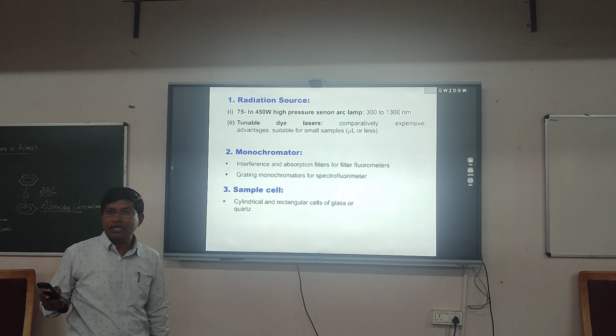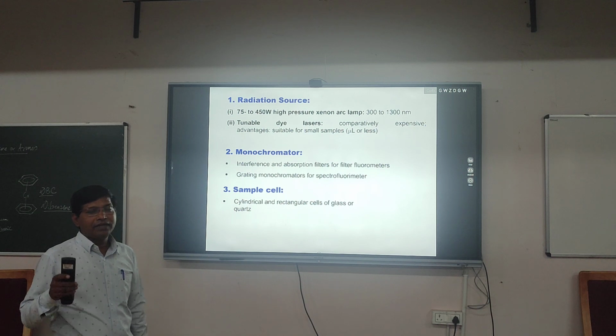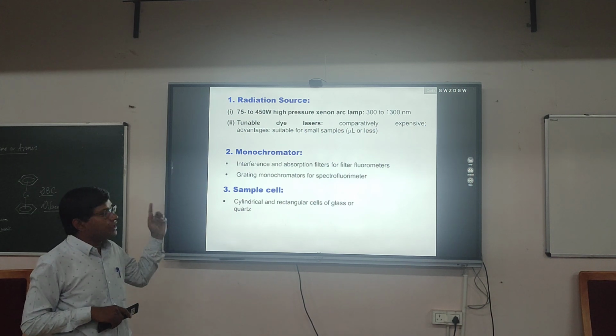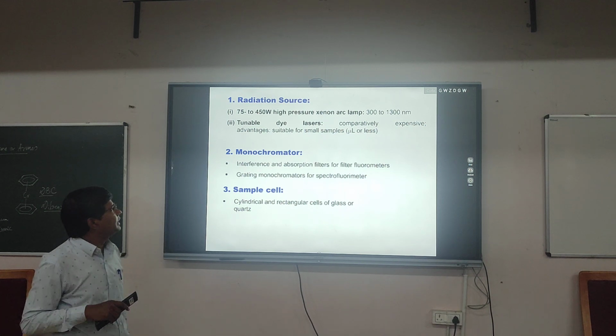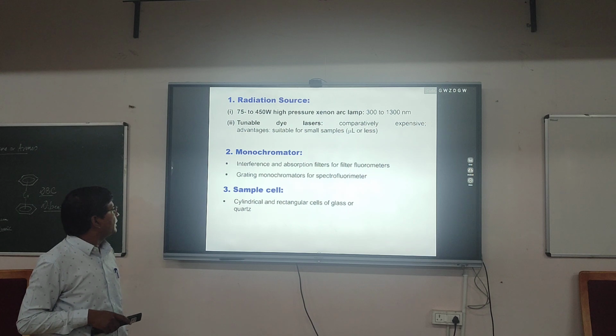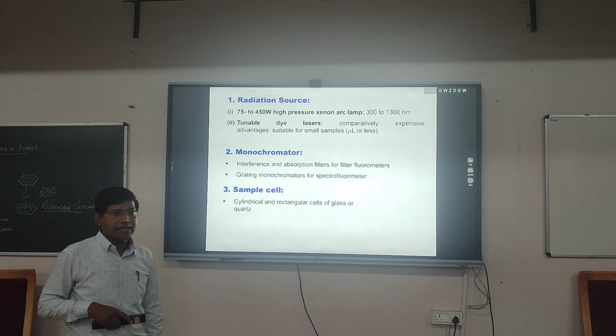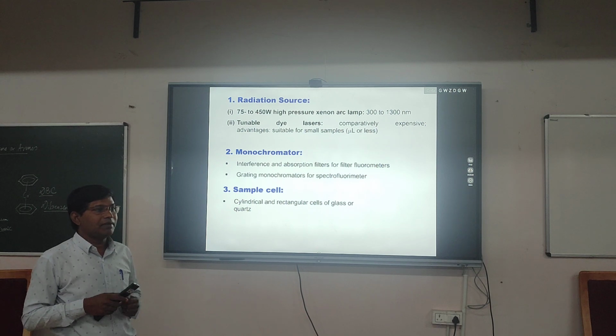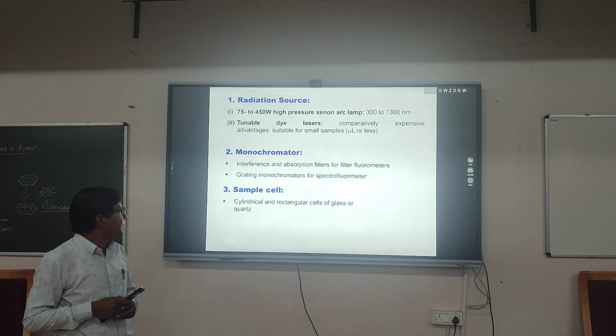As we know, the function of a monochromator is to select a particular wavelength of light coming either from the radiation source or from the emitted radiation of a sample. Then we have a sample cell, where we can keep our sample for analysis.